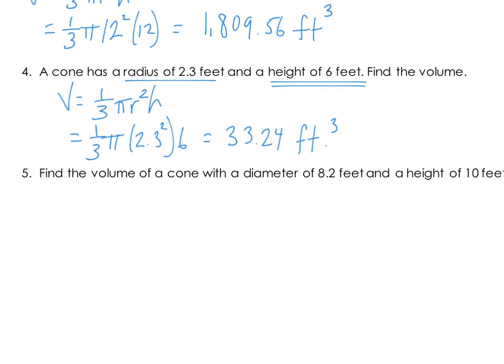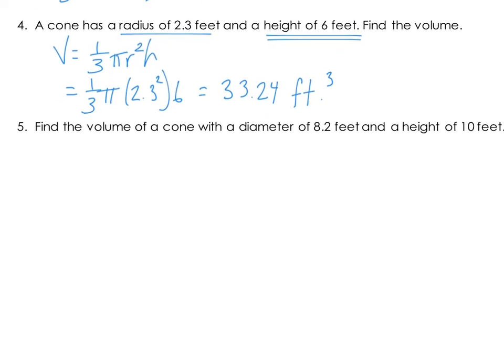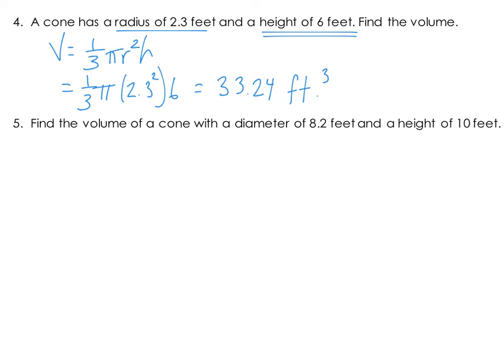Last question, number 5. Diameter of 8.2 and a height of 10. So again, don't use 8.2. I need radius on this one. So this one has a radius of 4.1. Okay, so 1/3 pi r squared h.